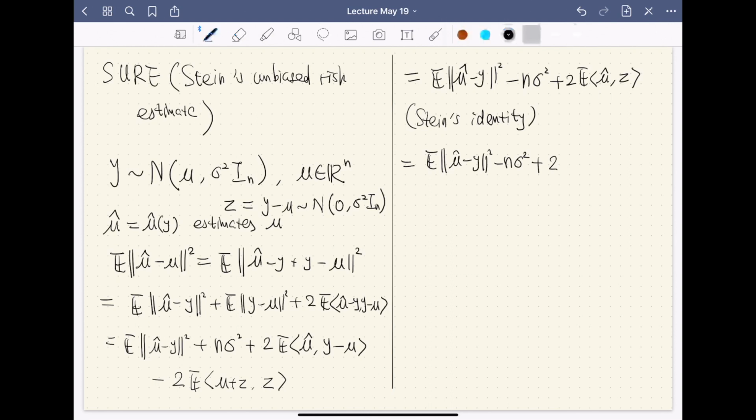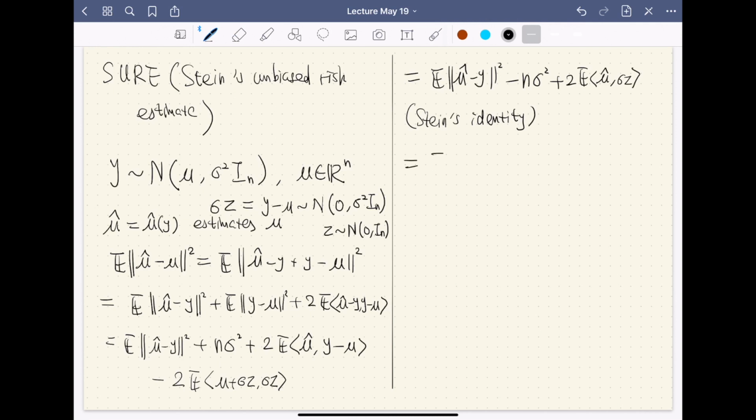I should actually write z as y minus mu divided by sigma. This is a better notation because then z just follows a standard Gaussian distribution. So I should replace the z here by sigma times z. It's always better to use z as a standard Gaussian vector. Okay, so now everything is good.